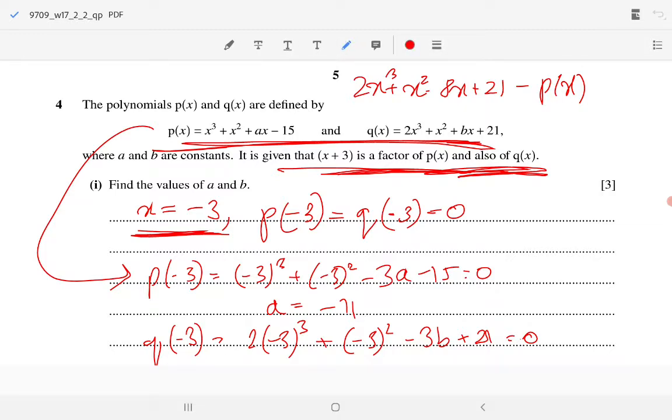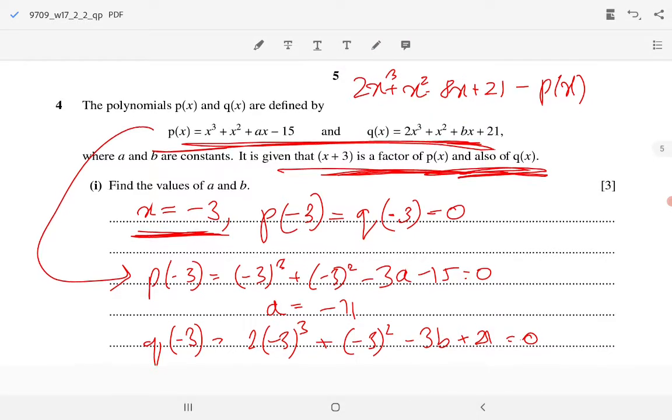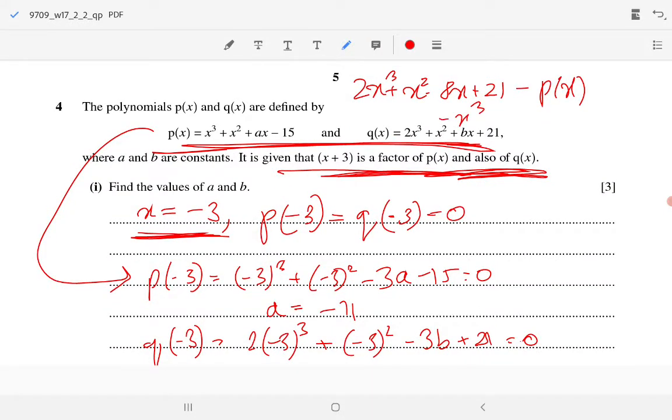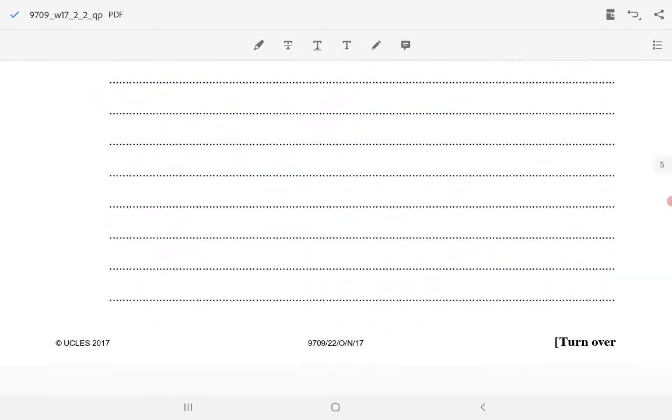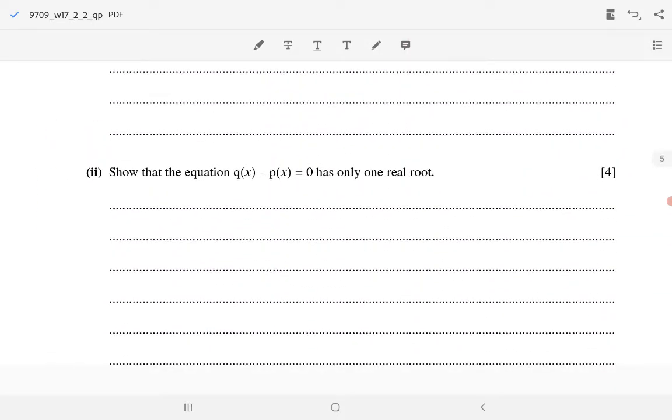So we'll have x cubed plus 3x plus 36, and this equals 0 at only one root.